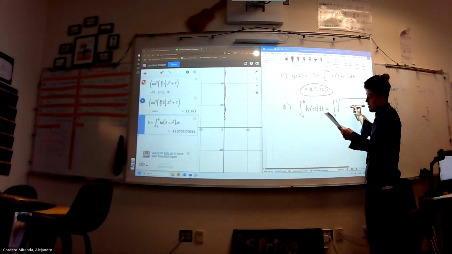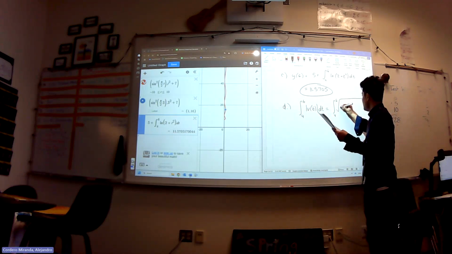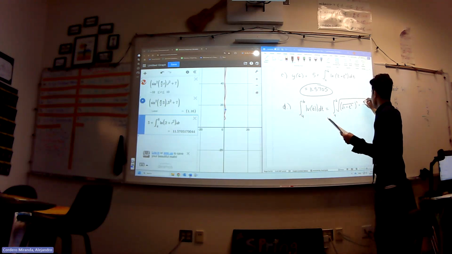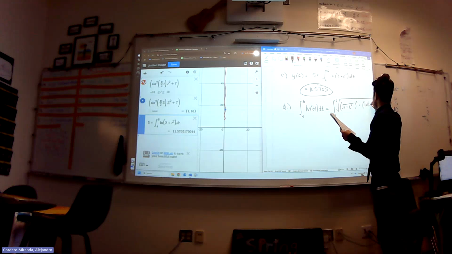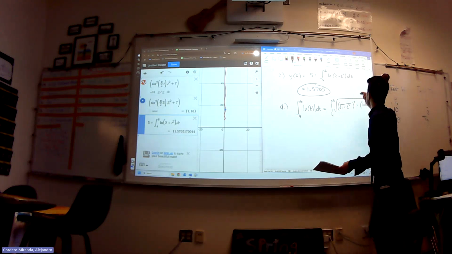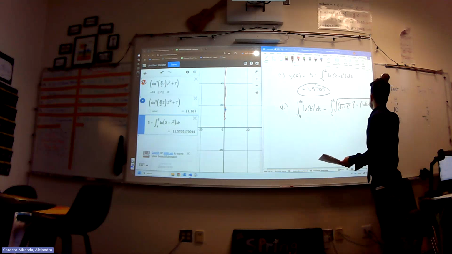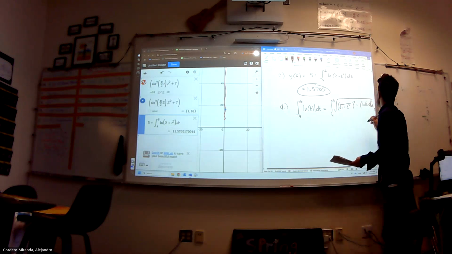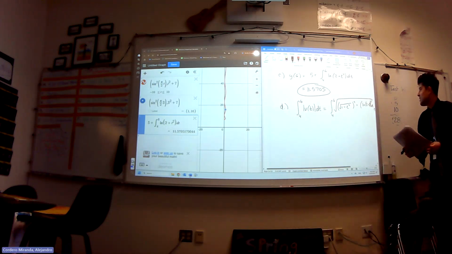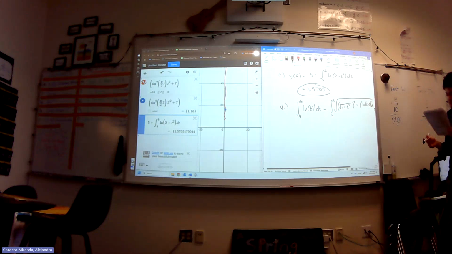So the x component squared would be this, plus the y component squared. As ugly and weird as that looks, that's the right way to do it.